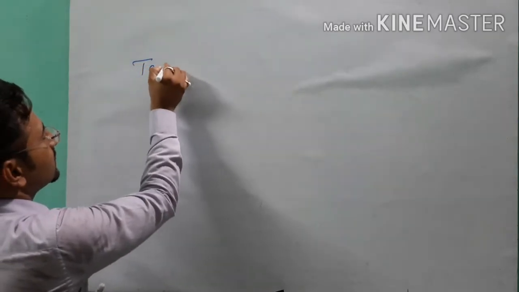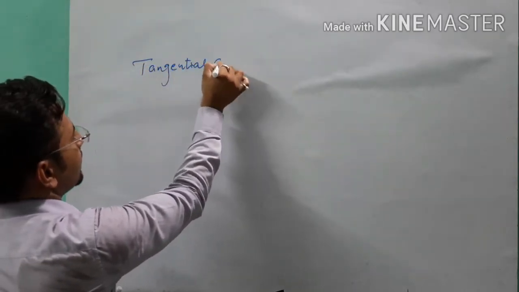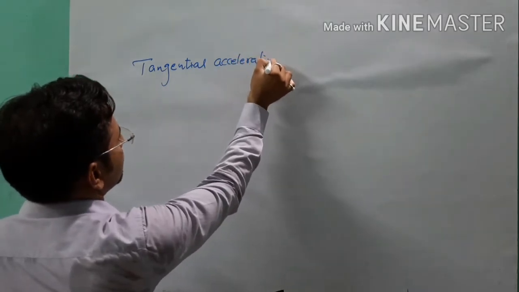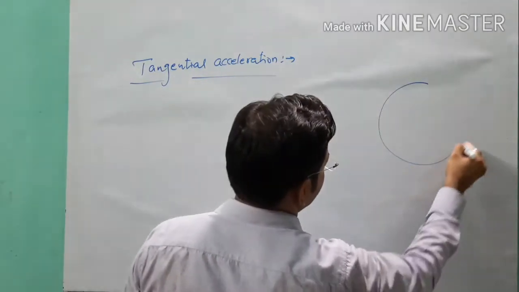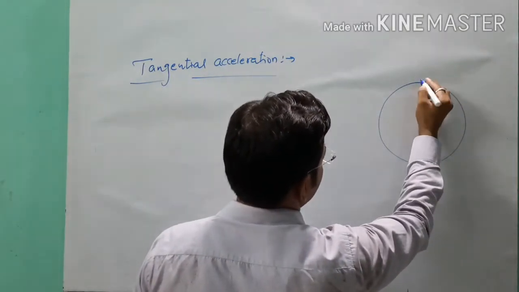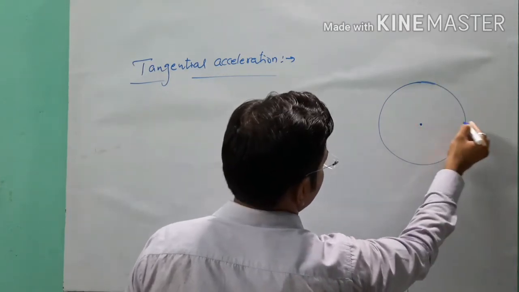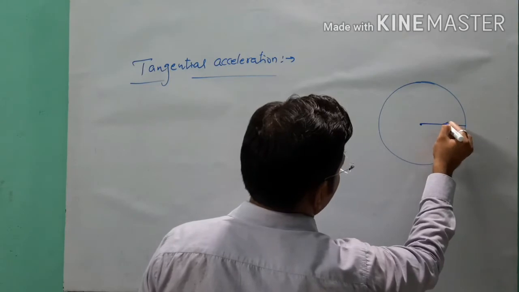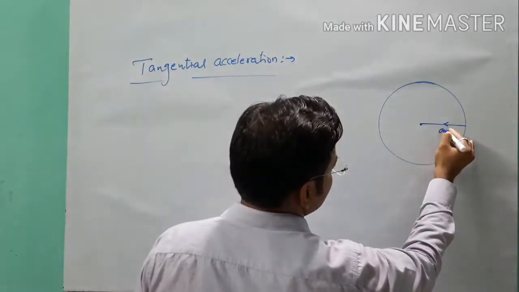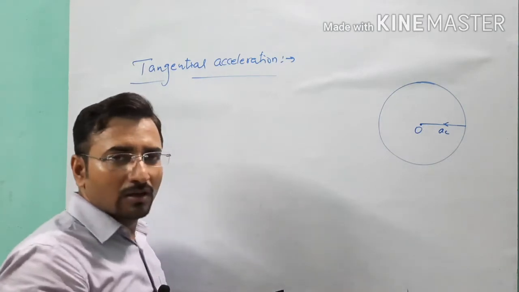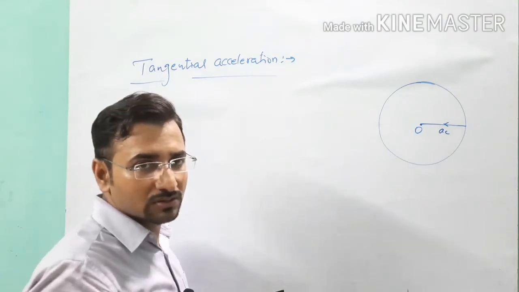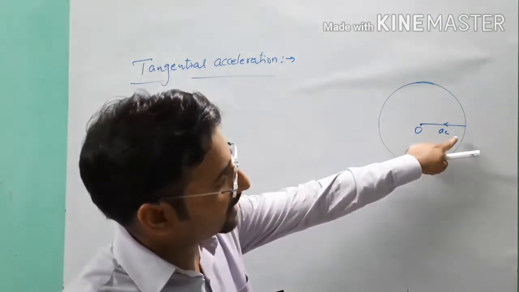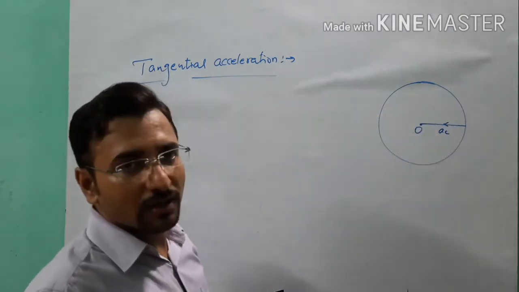Now see students, the next part is our tangential acceleration. During the motion in a circular path, the object has two types of acceleration. One is centripetal acceleration, which is toward the center of the circular path and which provides the necessary force to the object to remain in its circular path.